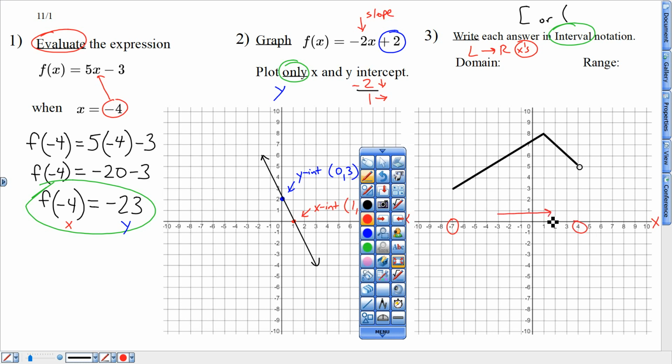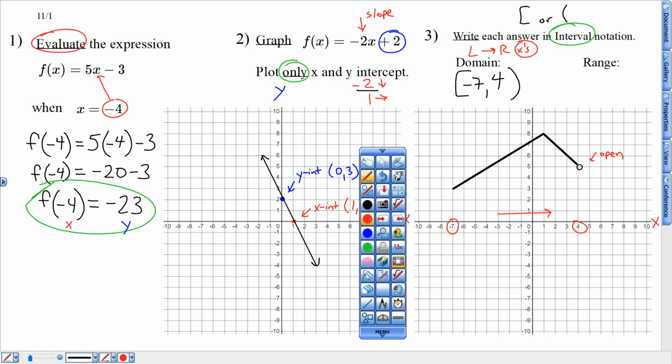But then I gotta know this is open right here. So for this one, my domain, I'm going to write this as square bracket from -7 to 4, and I'm not going to write a square bracket there. Don't do that, because this open circle means I write a rounded bracket.